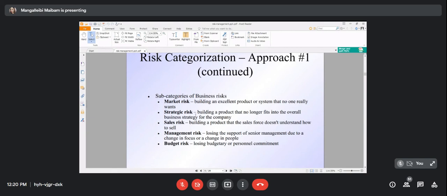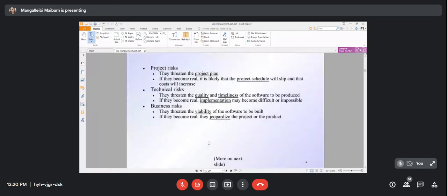Like this, we have certain kinds of risk when developing a software product. This is one of the most important risks in a software development process. So we have project risk, technical risk, and business risk.